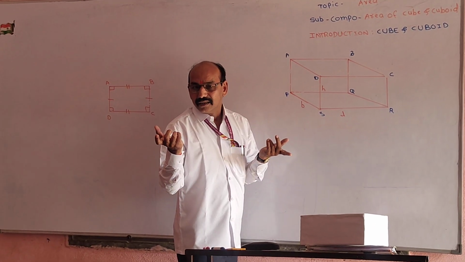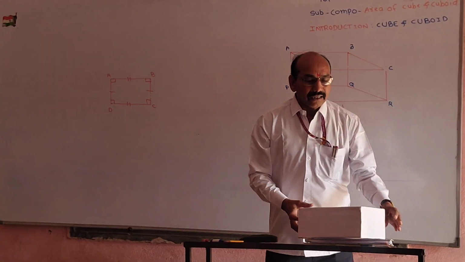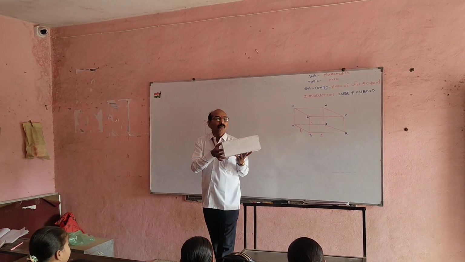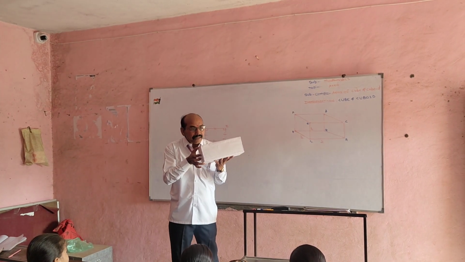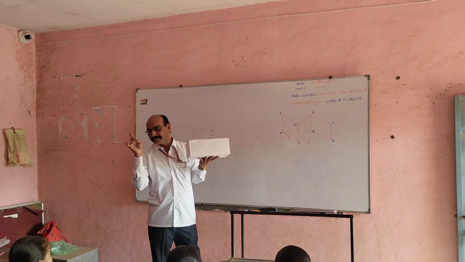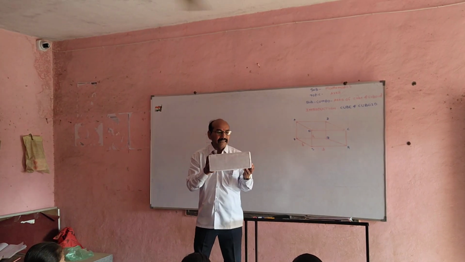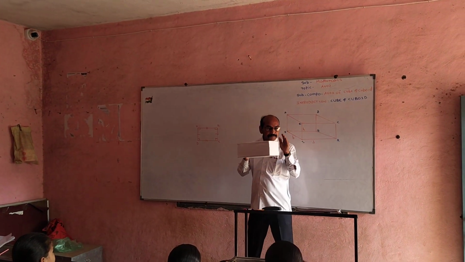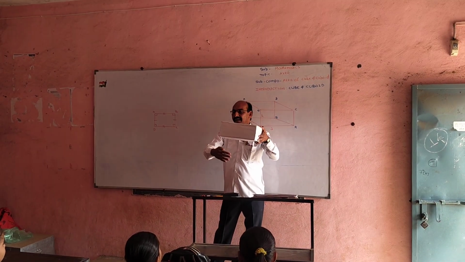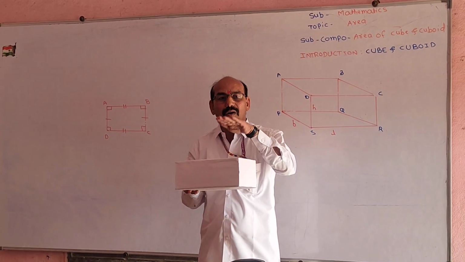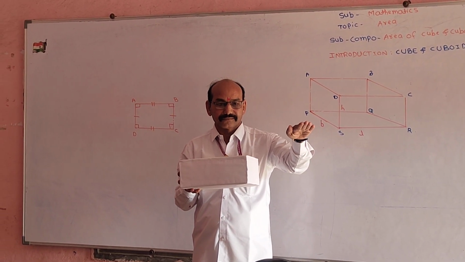Area means the space that this object or shape occupies in its surroundings or environment. That space is called the area of that object.